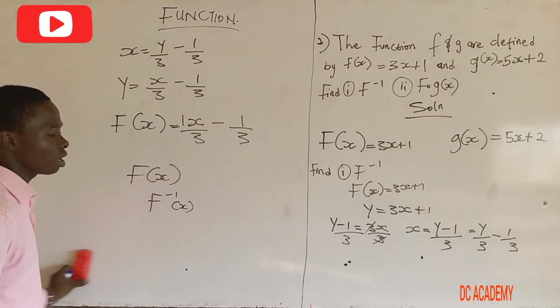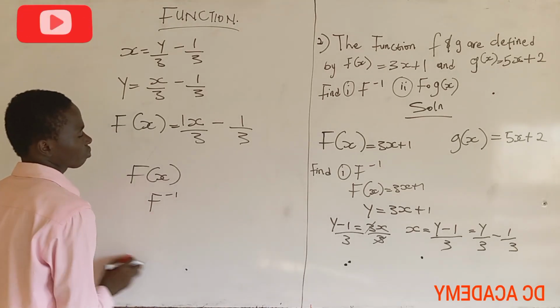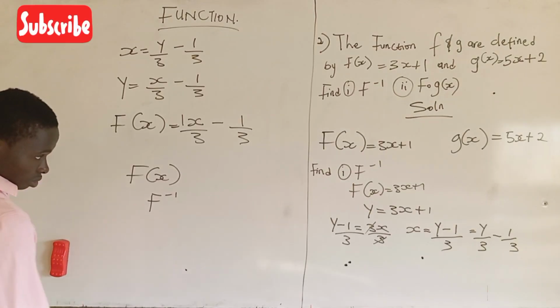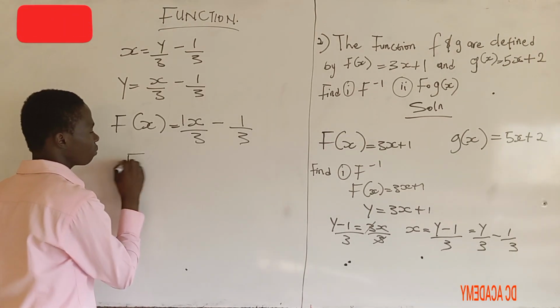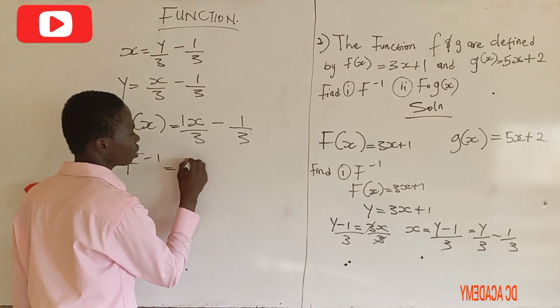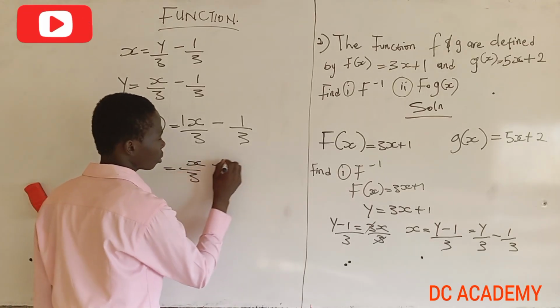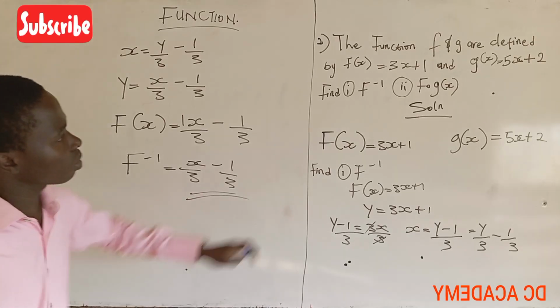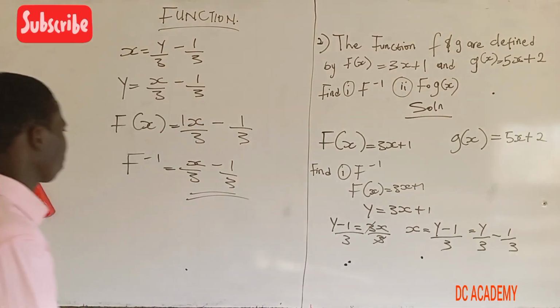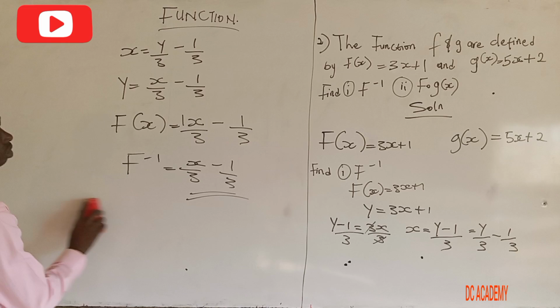So this can just look like this: f inverse of x is equal to x over 3 minus 1 over 3. This is the answer. Now let's solve for part two.